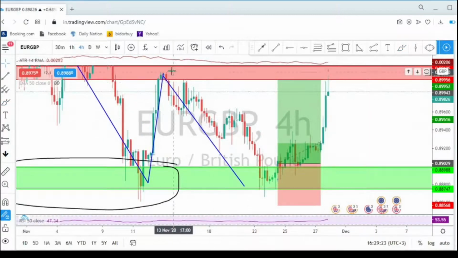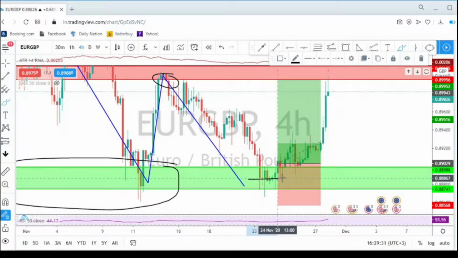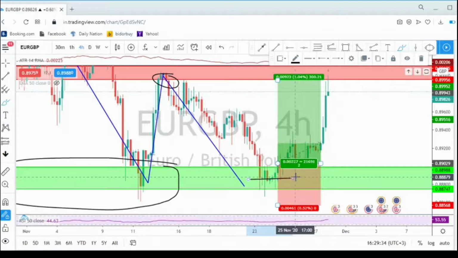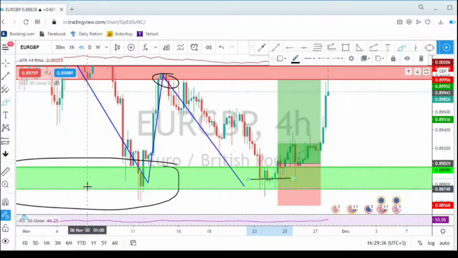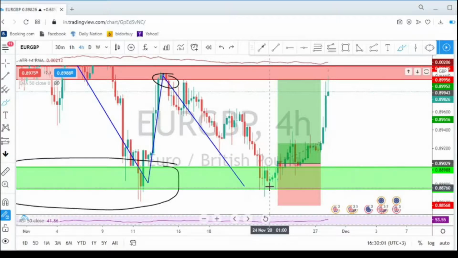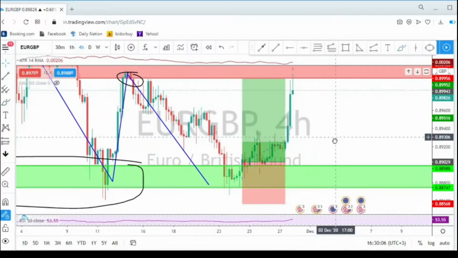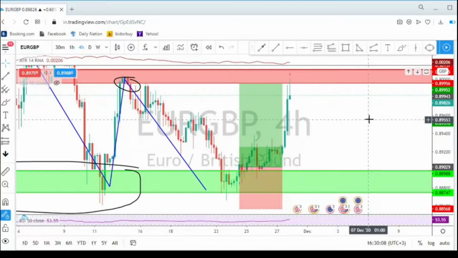The traders that sold the market at this resistance level are now taking off the profits at this zone, and also the buyers that were looking at this level of support have now entered the market, and that's why you see this rejection. The sellers attempted to go further selling, but they could not go past this level. With this rejection of the wicks, this is where I saw that this market is likely to change direction.